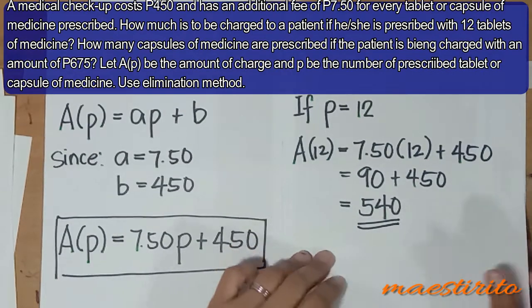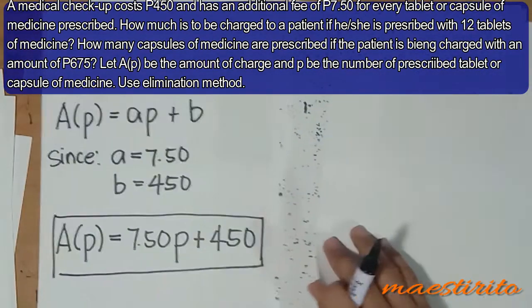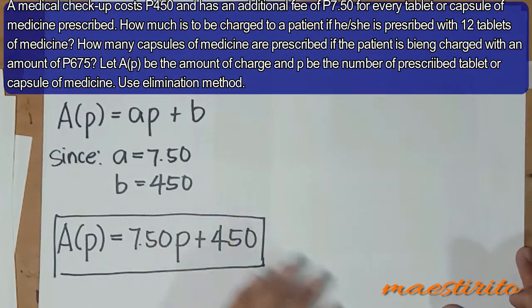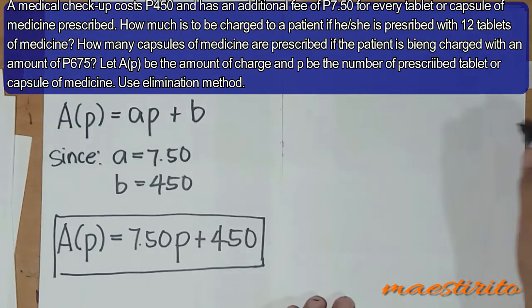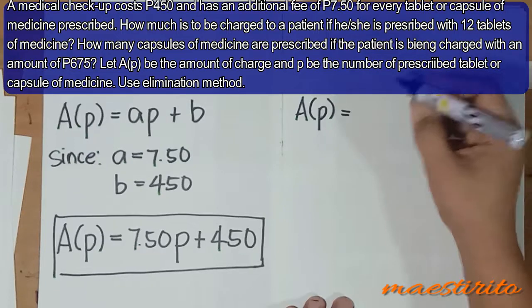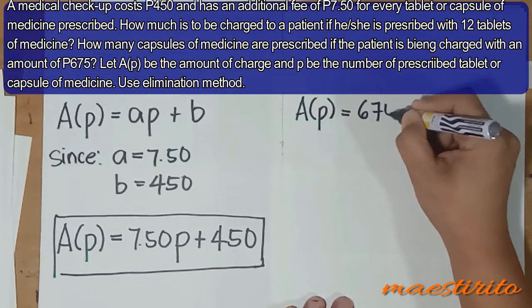Using the model again, for this second question, what is given is the amount of charge, which is 675 pesos.